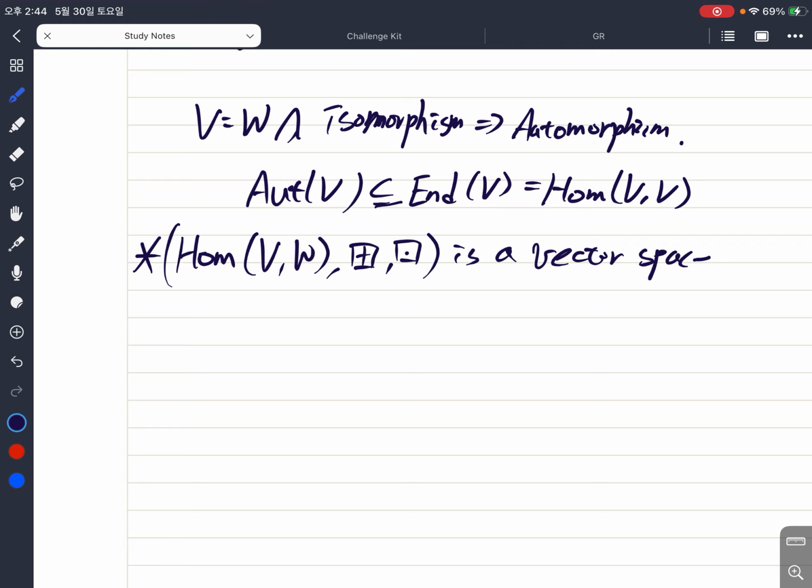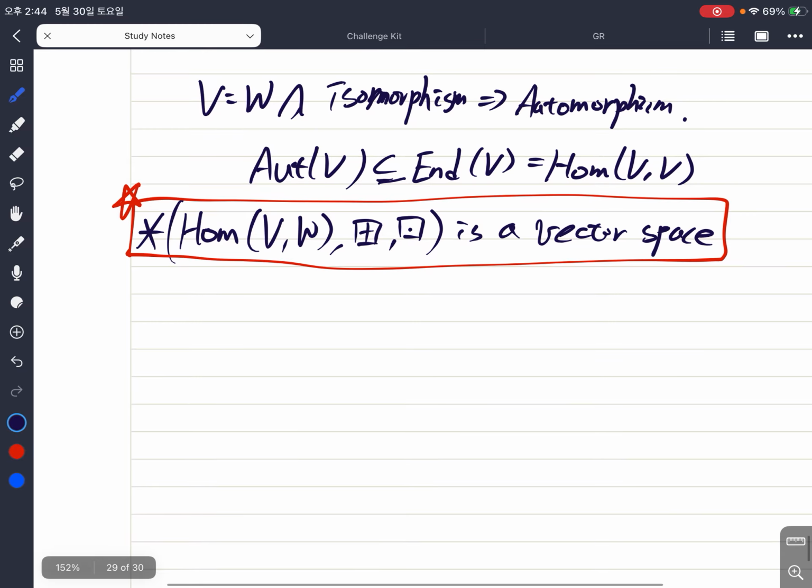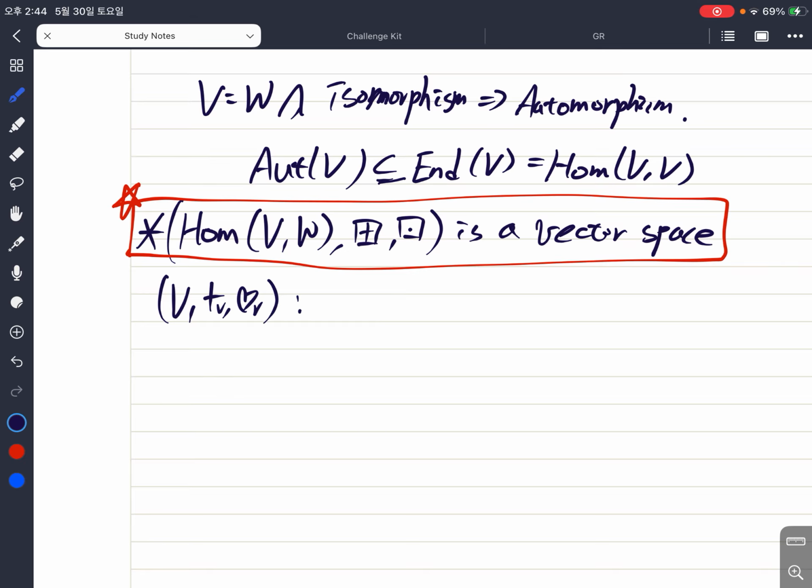This is what we want to show today, the main goal. And then let us be more clear. Let V, plus, and dot be a K vector space. And similarly, we can write W, plus, and dot also a K vector space.